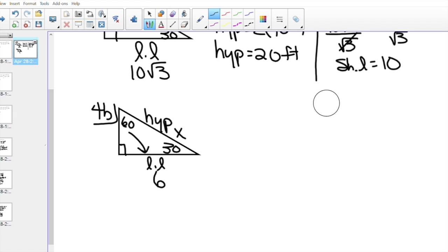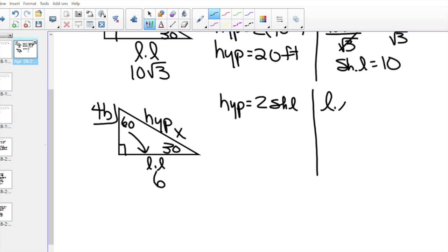Now, remember, to find the hypotenuse, that's going to be 2 times the shorter leg. But we're not given the length of the shorter leg, we're given the length of the longer leg.